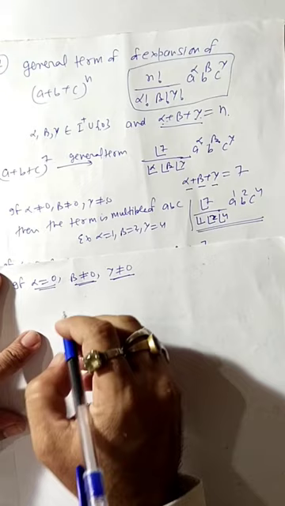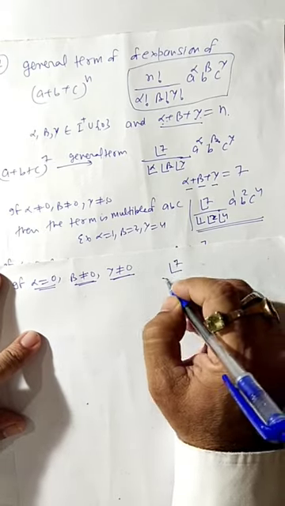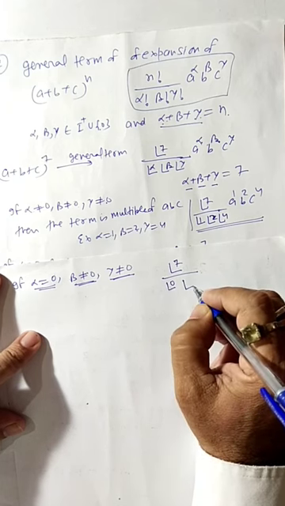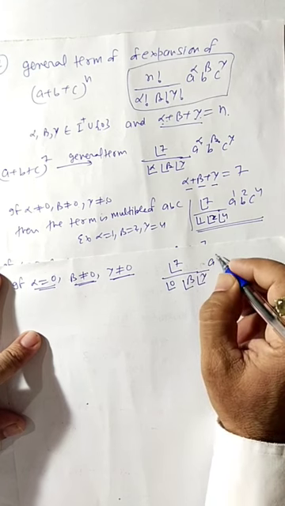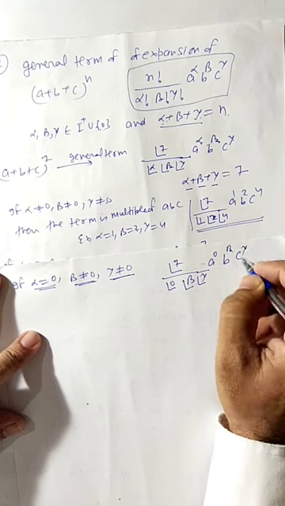What can we do here? Your term will be factorial 7 divided by factorial 0, factorial beta, factorial gamma, a power 0, b power beta and c power gamma.